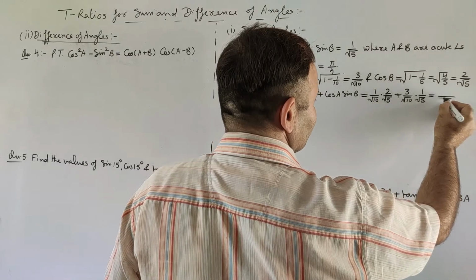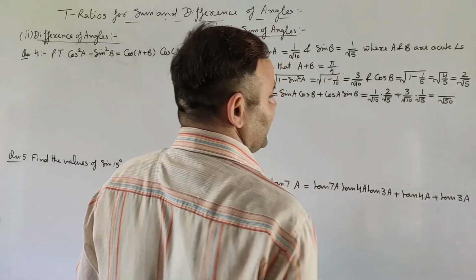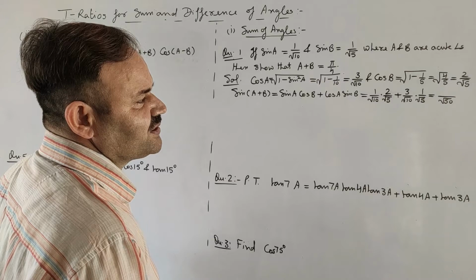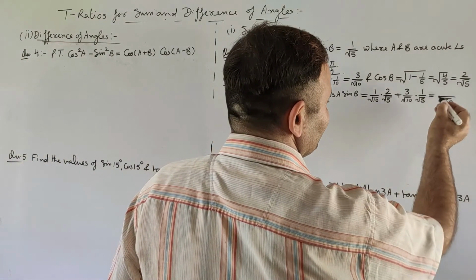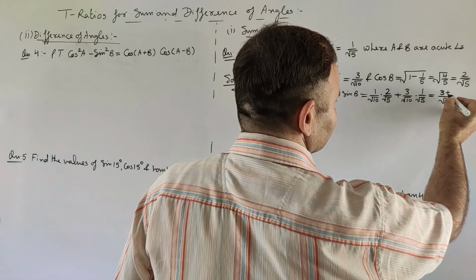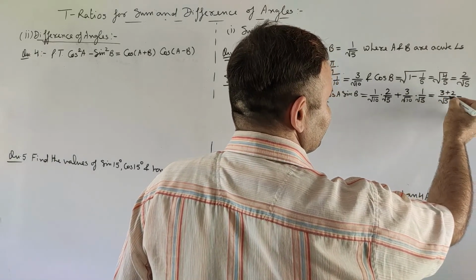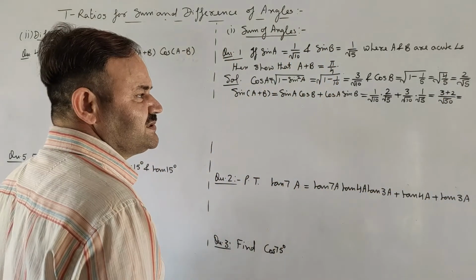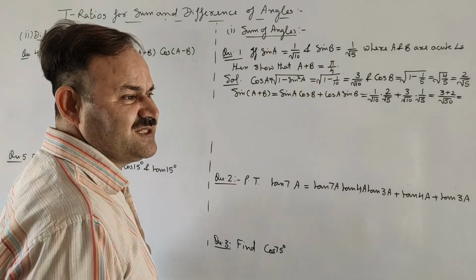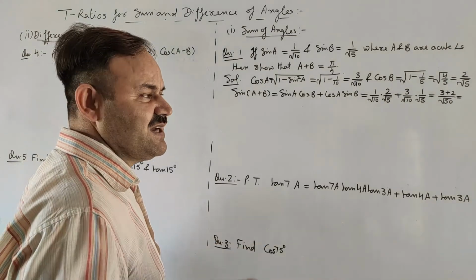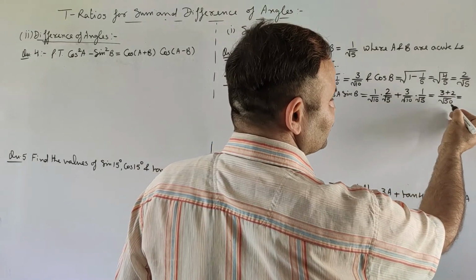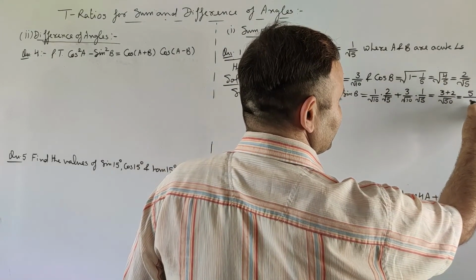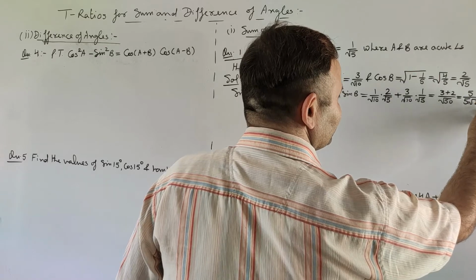Now LCM will be root 50, and in numerator we will get 3 plus 2. It means 5 upon root 50, and root 50 means root of 25 into 2. So it is 5 root 2. So 5 upon 5 root 2.